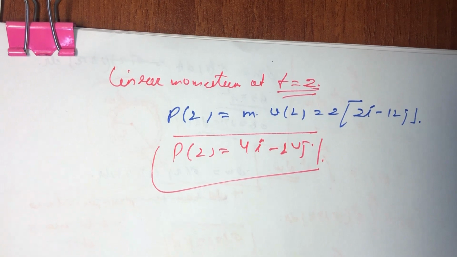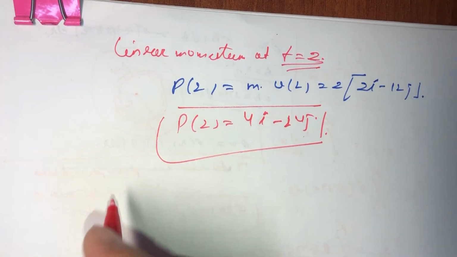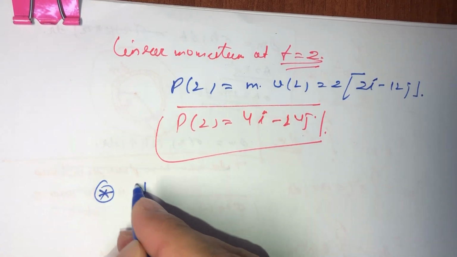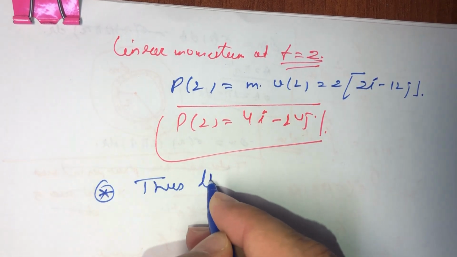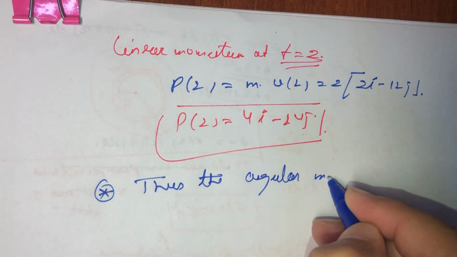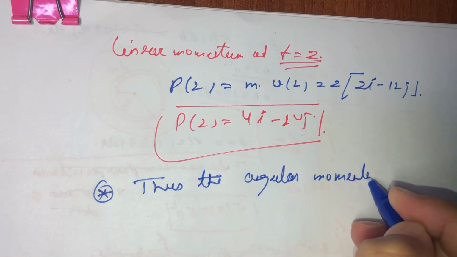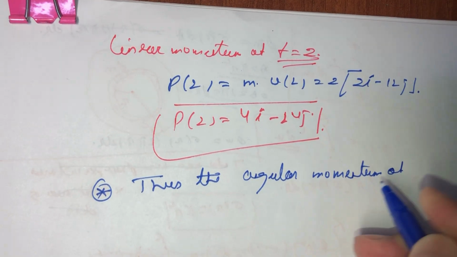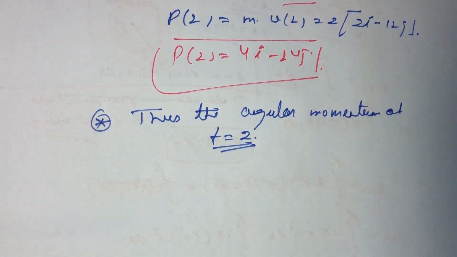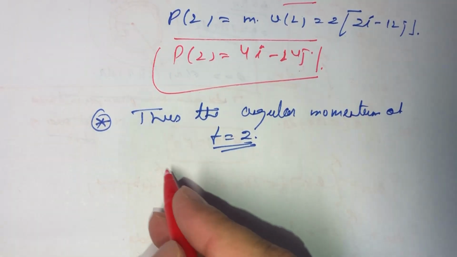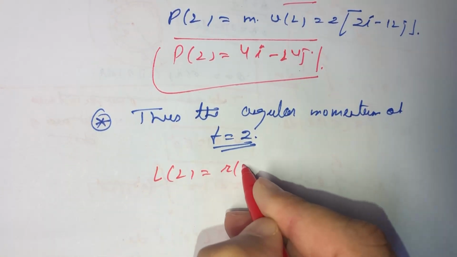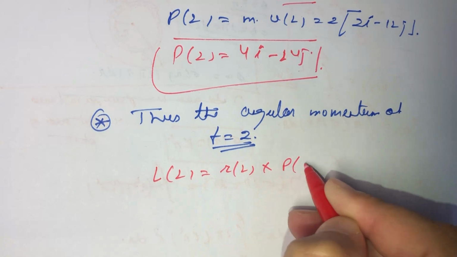Therefore, you can say that the angular momentum at t equal to 2, L at 2, is equal to R at 2 cross P at 2.